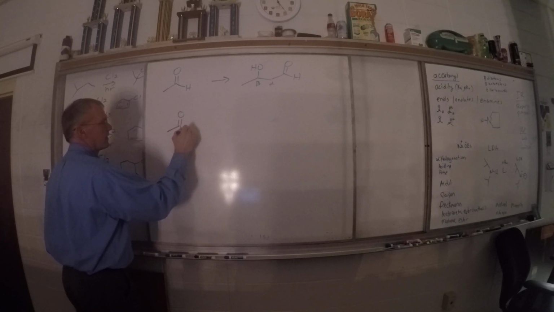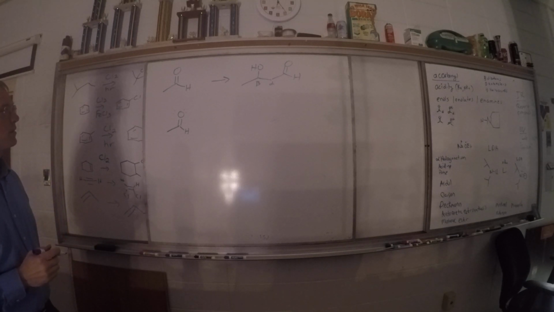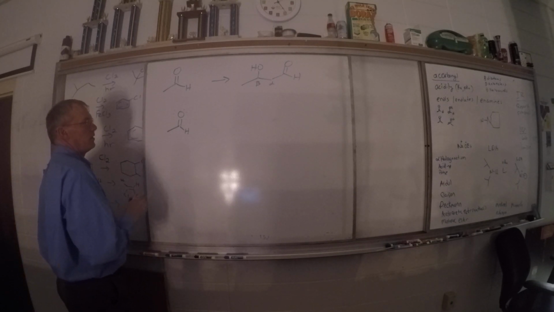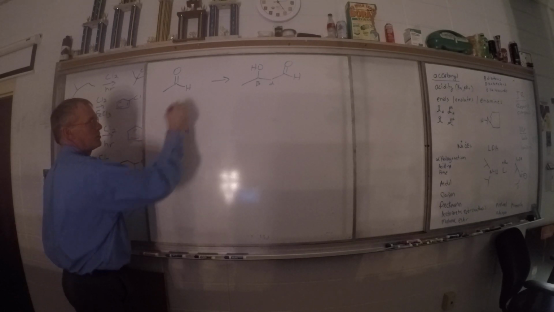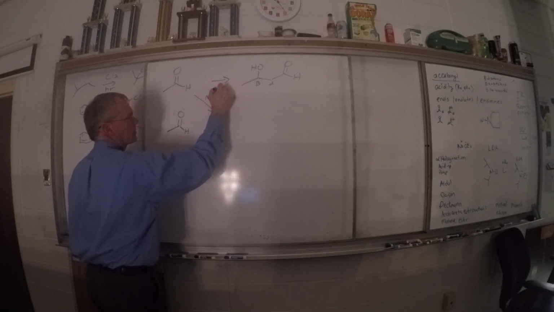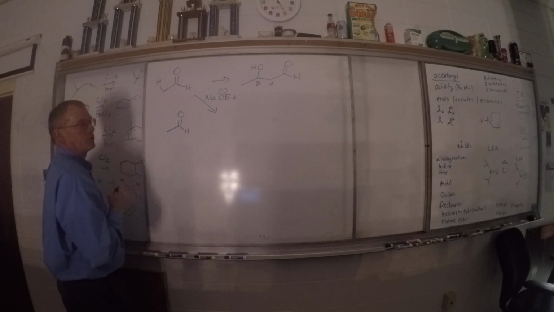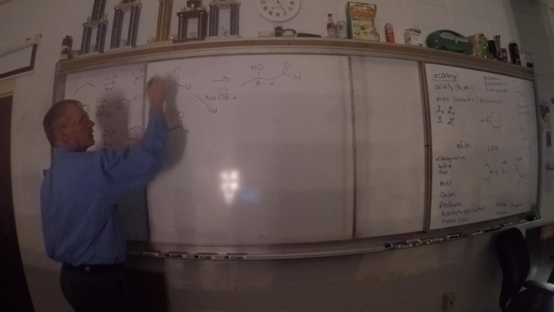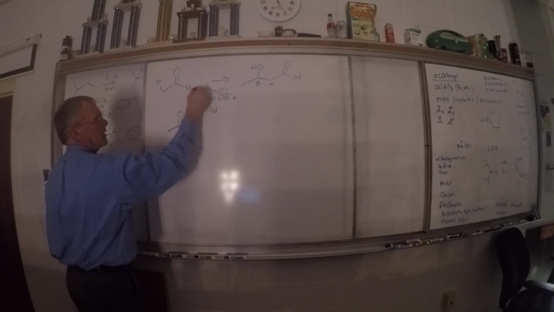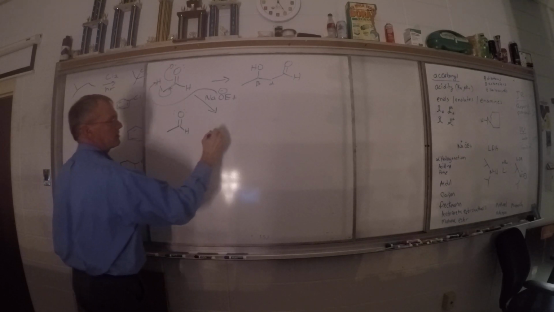And the first step of any mechanism is to realize whether you're doing this in acid or base. So if we wanted to use the base catalyzed version, we would draw 1 molecule of the original aldehyde and invoke a base like sodium methoxide to deprotonate the alpha hydrogen of acetaldehyde. And when we do that, we're going to form an enolate.